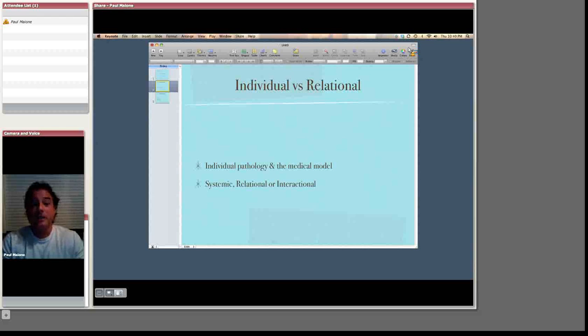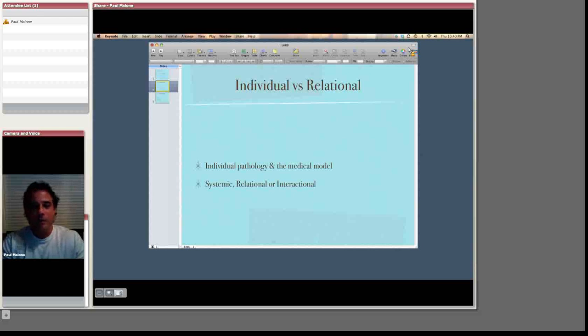Family therapy being founded on systems theory, you hear the term systemic perspective, or as it's said in this unit, a relational perspective. Sometimes you hear interactional as another way of saying the same thing, or sometimes just family perspective. These are all pretty much synonyms for the same idea that we're, on the one hand, looking at individual pathology perspectives.